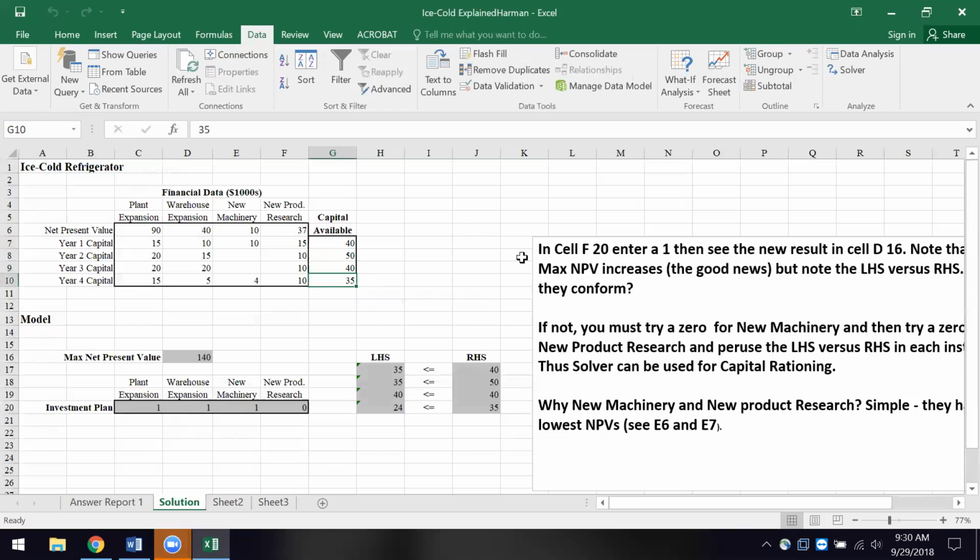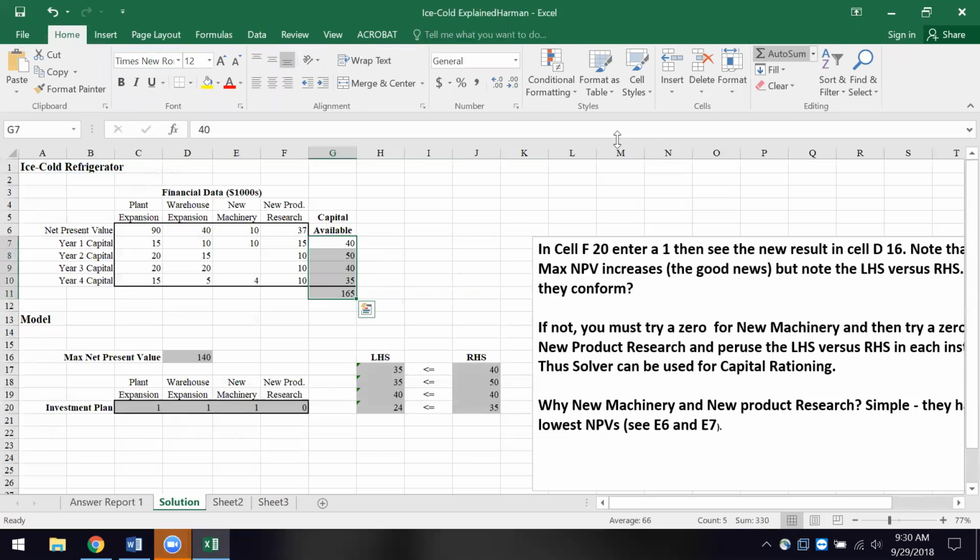In other words, I decide how much money I'm going to spend on these projects. I have 90, the total here, let's go ahead and run this. I've got $165,000 I can spend over the next 4 years, okay?